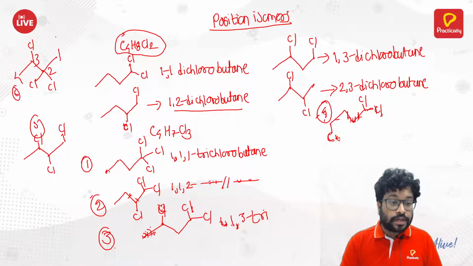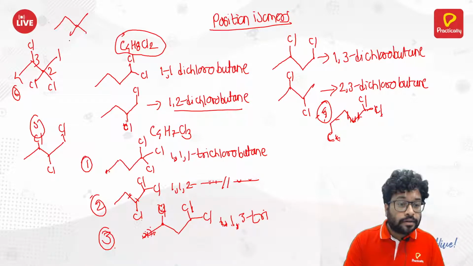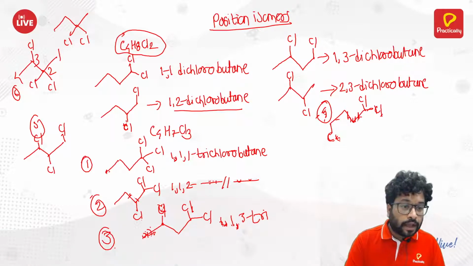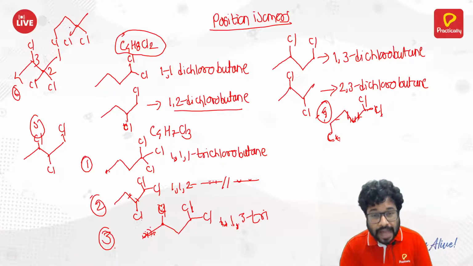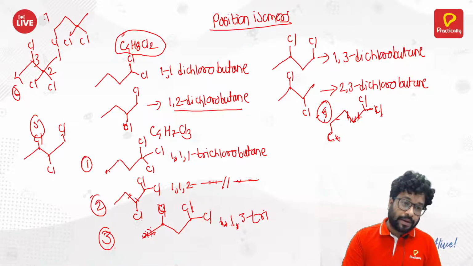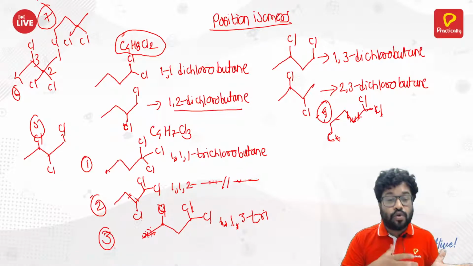This is the sixth isomer. Seventh isomer: chlorine, chlorine, and chlorine. So 1, 2, 3, 4. 1, 3, 3 trichlorobutane. So that is how you can name it. Now this will be the seventh isomer, and you can just go on.